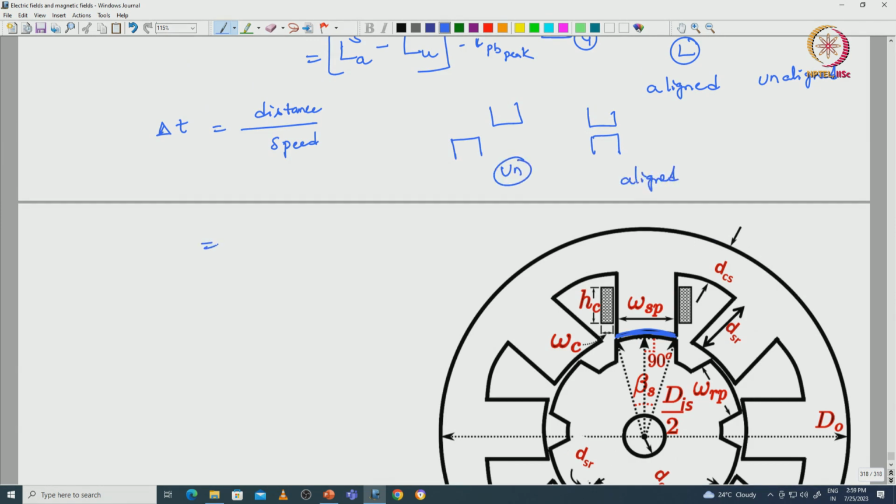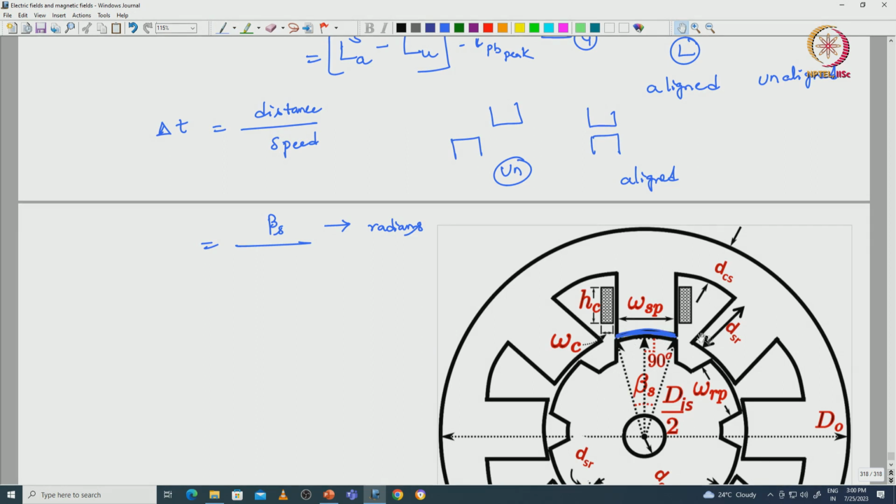So, the distance travelled, or the distance the rotor is rotated in radians, is nothing but the stator pole arc angle, that is beta s. We can see here, this is the beta s value, the arc length with respect to the angle beta s.